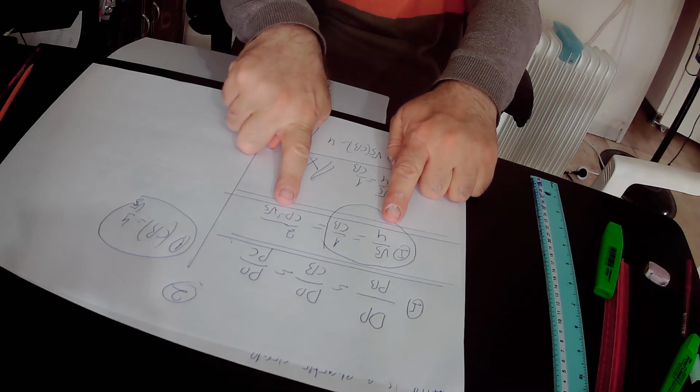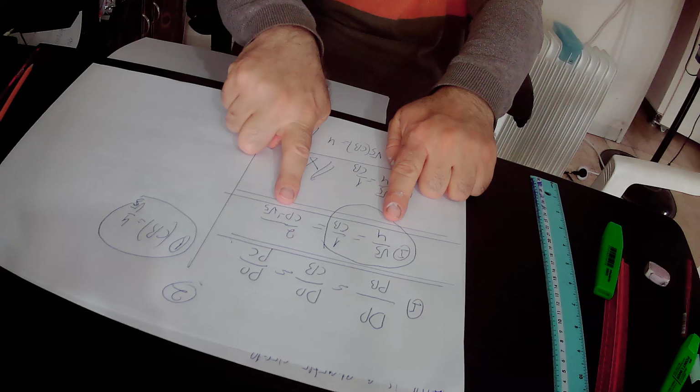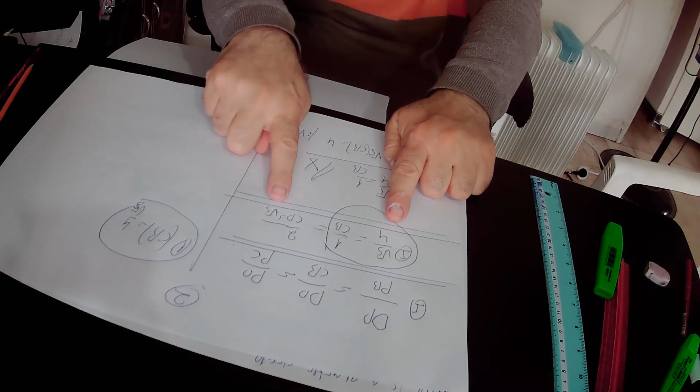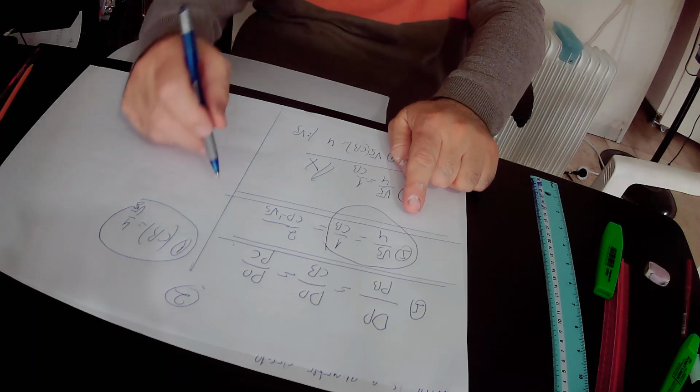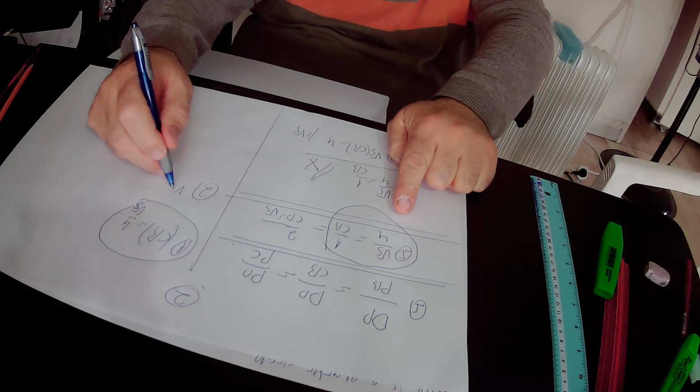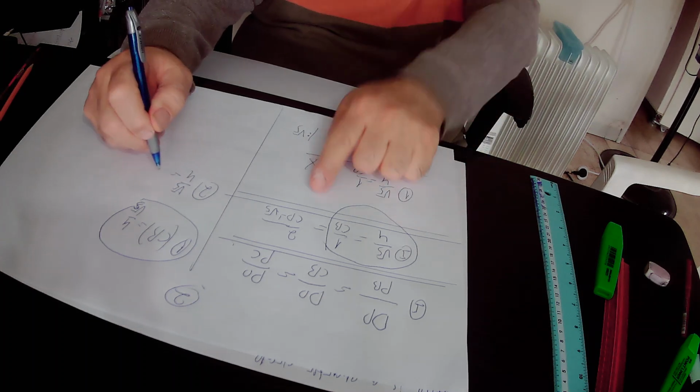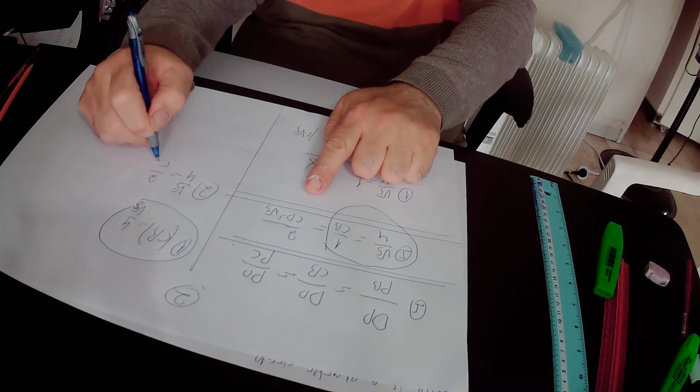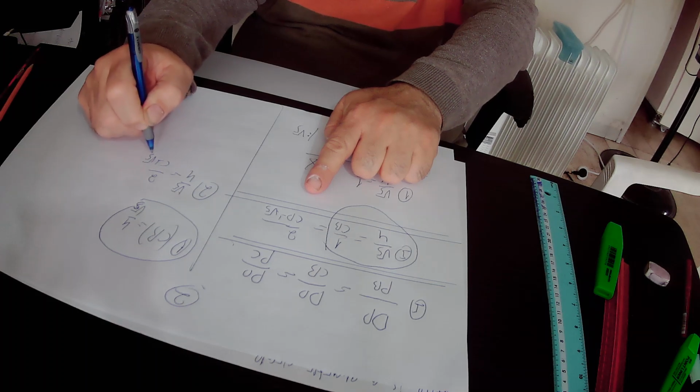So those two expressions are equal to each other, and we get equation 2. According to equation 2, square root of 5 over 4 is equal to 2 over CD plus square root of 5.